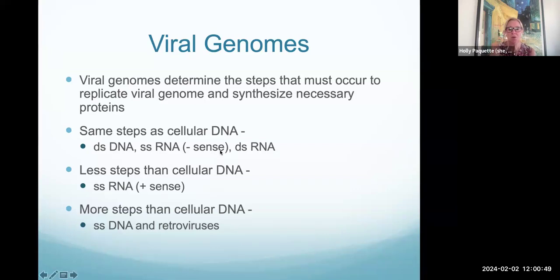The genome that would take fewer steps in order to make proteins would be our positive sense single-stranded RNA. And then lastly, those retroviruses and single-stranded DNA actually take on an extra step. They have to go through reverse transcription before transcription and translation.